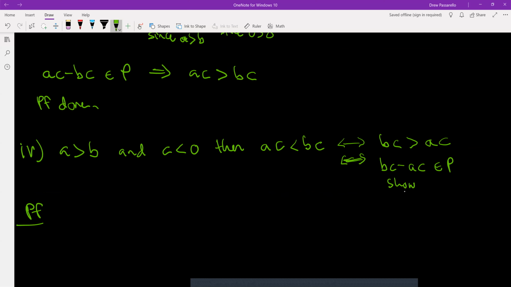All right, so the proof, I'll start out with BC minus AC. I can factor out C, and that'll give me B minus A times C, just by the distributive law. And let's see.